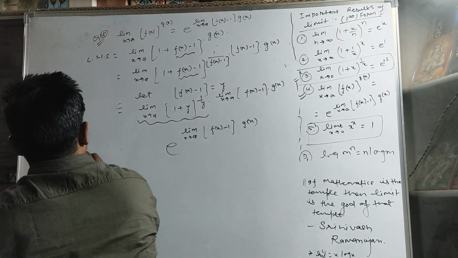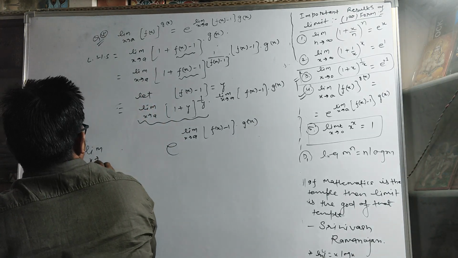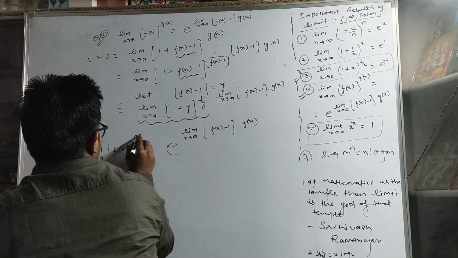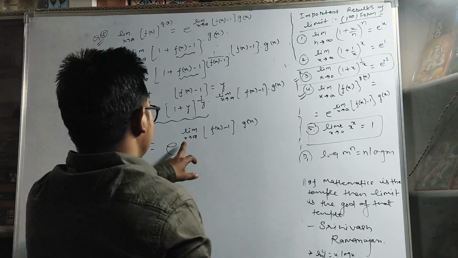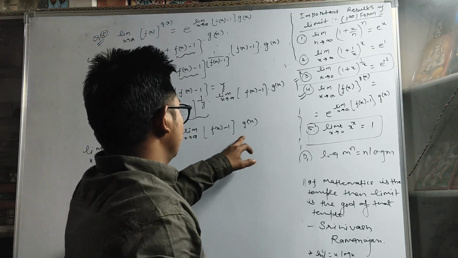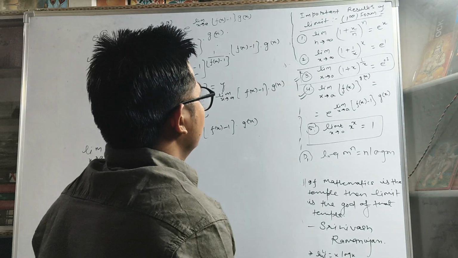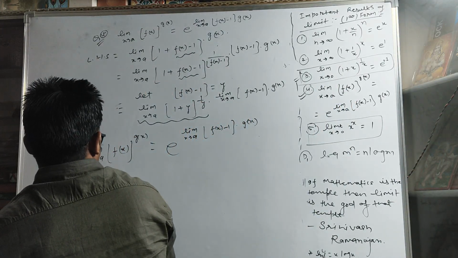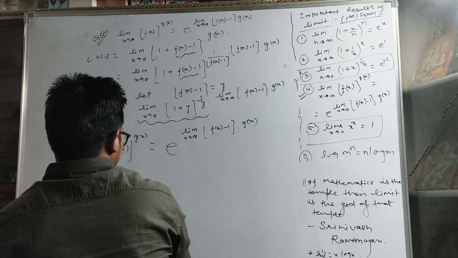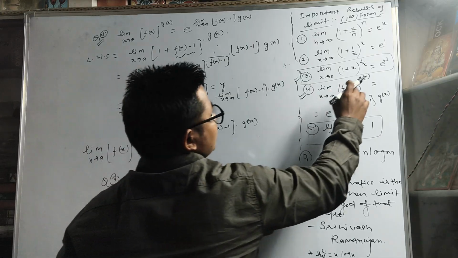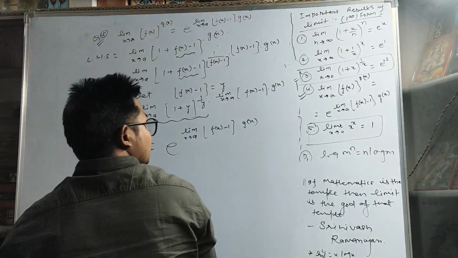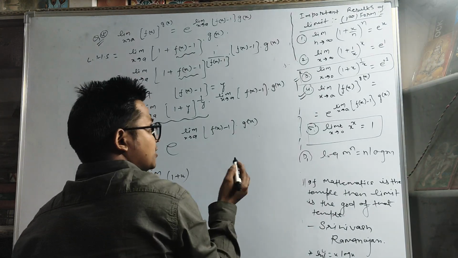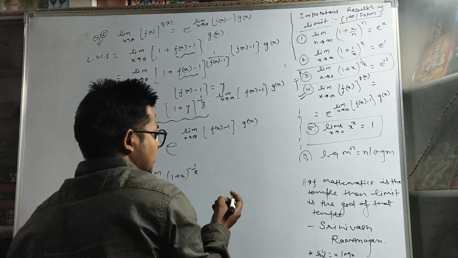So this will also be written as limit x tending to a of f(x) whole to the power g(x) equals exponential of limit x tending to a of (f(x) minus 1) into g(x). If you take minus sign here, as in question number 3, in case of plus sign the value is e, and if you take limit x tending to 0 of (1 plus x) power with minus sign, what do we obtain?